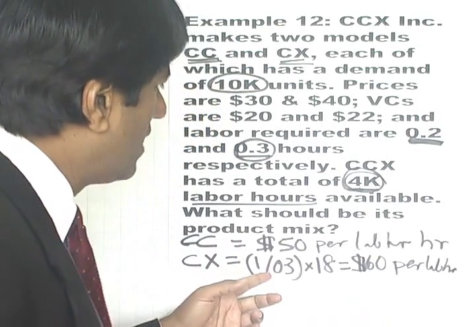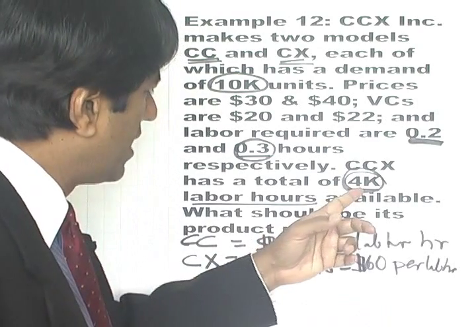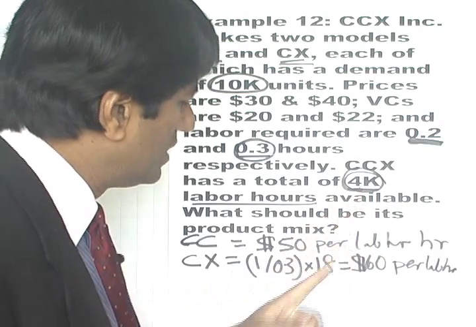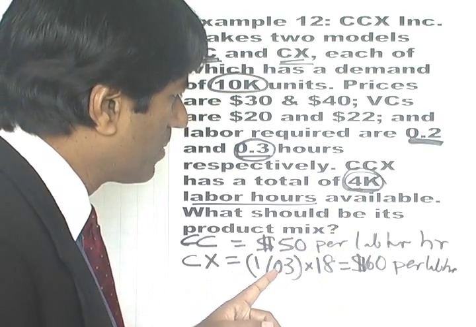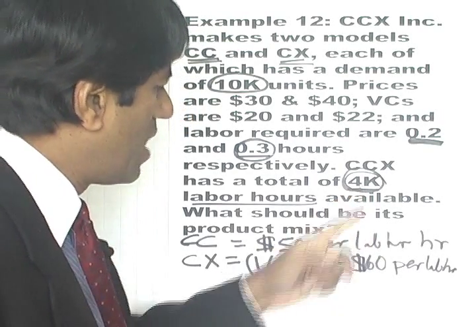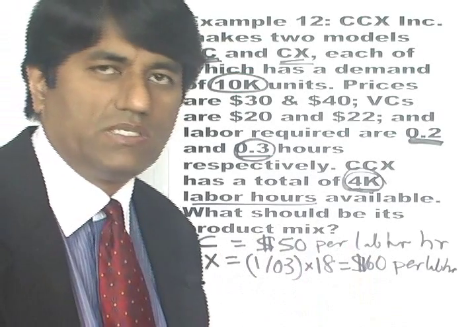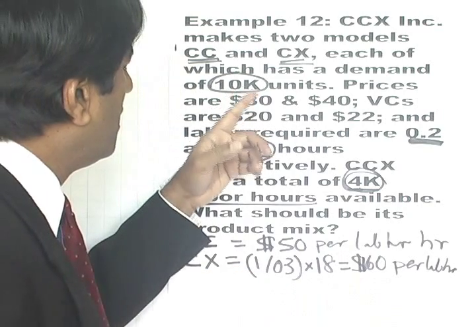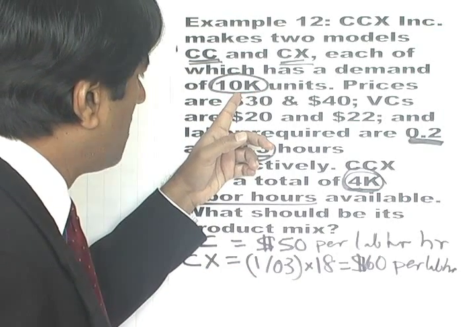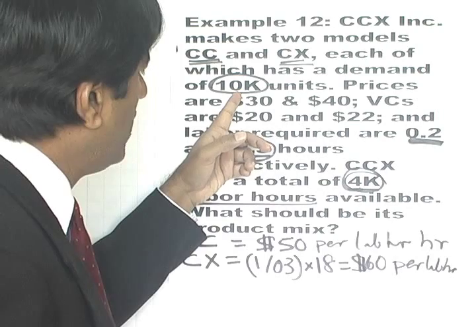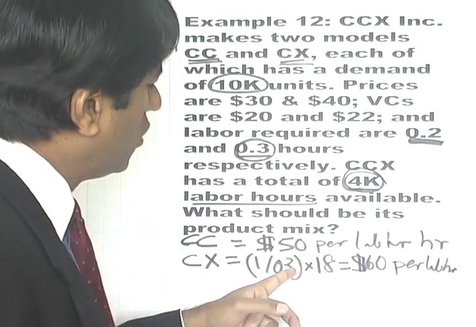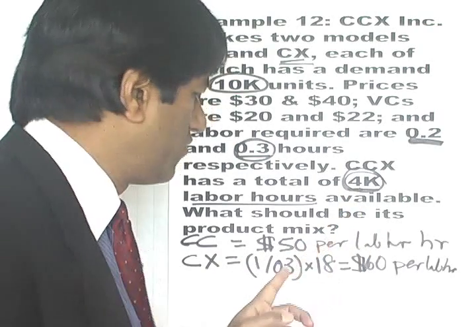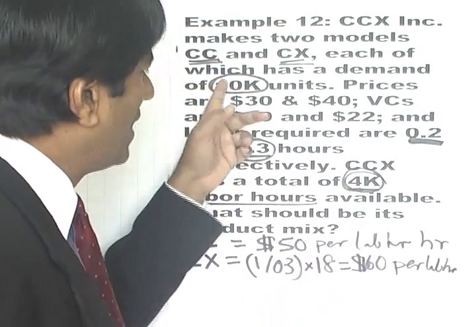Because if you use the entire labor to produce CX, how many units are you going to produce? You're going to produce 4,000 divided by 0.3, which is going to be about 13,333. But the maximum demand is only 10,000.